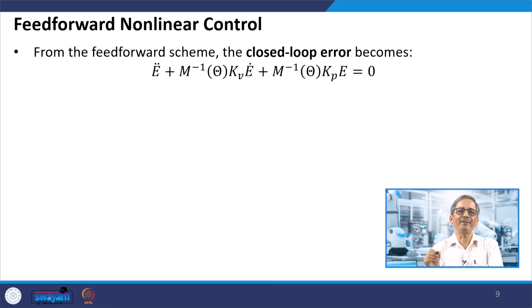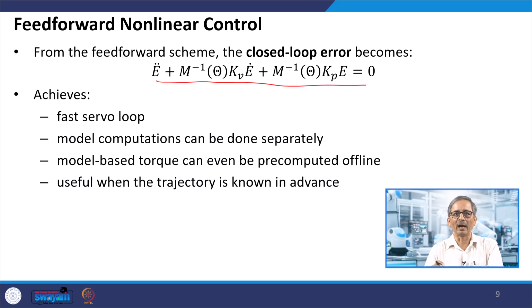So, from the feed forward scheme, the closed loop error equation turns out to be of this form. If you do some algebraic manipulation, you will see that this closed loop error equation turns out to be of this form. Now, by doing this, what we have achieved is a fast servo loop, and the model computations can be done separately, as we have taken that to the outer side.